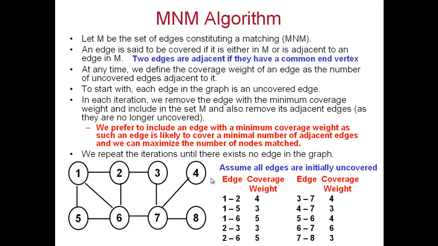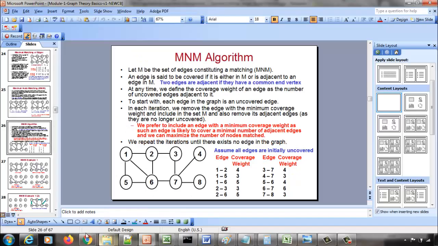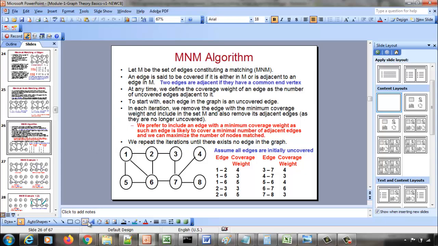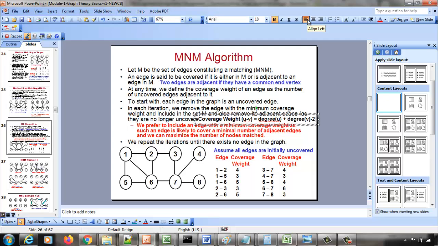Now let me enter the formula. So the formula that we can use for the coverage weight is this. The coverage weight of an edge UV is the degree of U plus the degree of V minus 2.